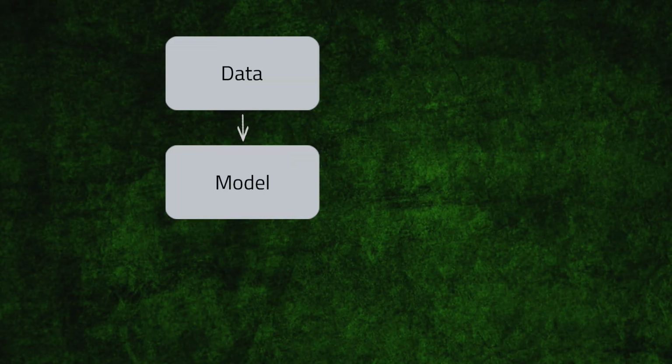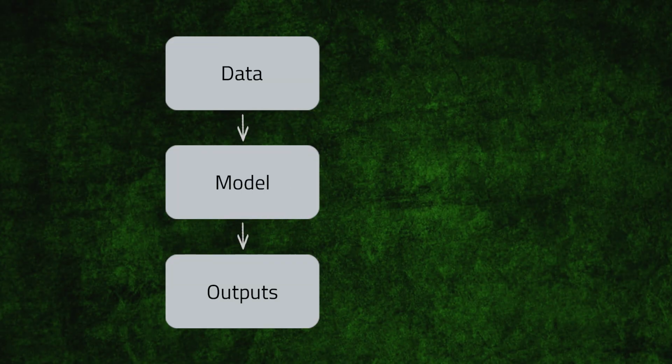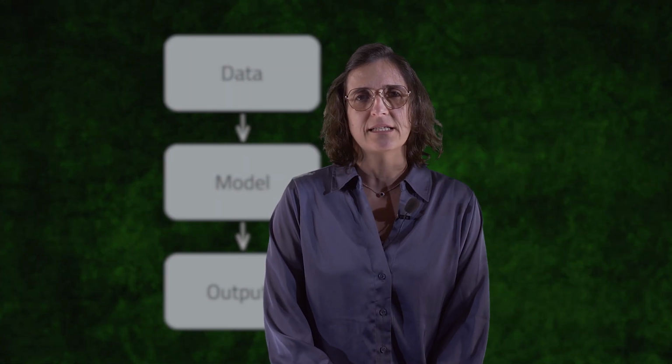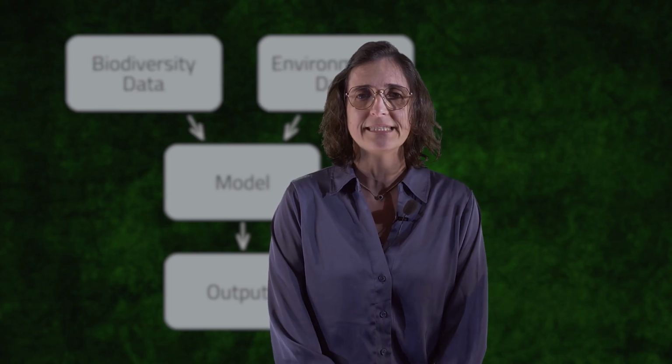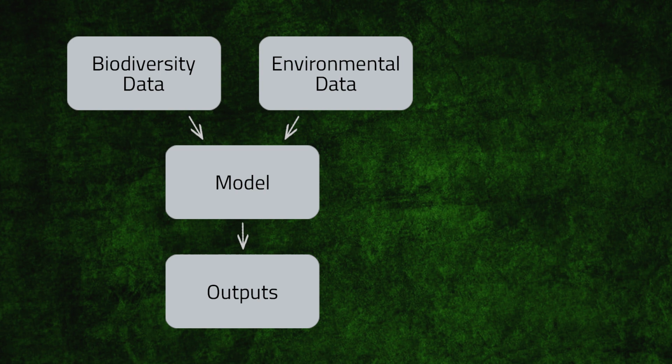In very simple terms, a digital twin includes data from several sources as input that is used to develop a model or an analysis and then will translate into different outputs. In the case of biodiversity digital twins, the input data can be biodiversity data that can come from several different data types, but also different types of data such as environmental or even climate data.